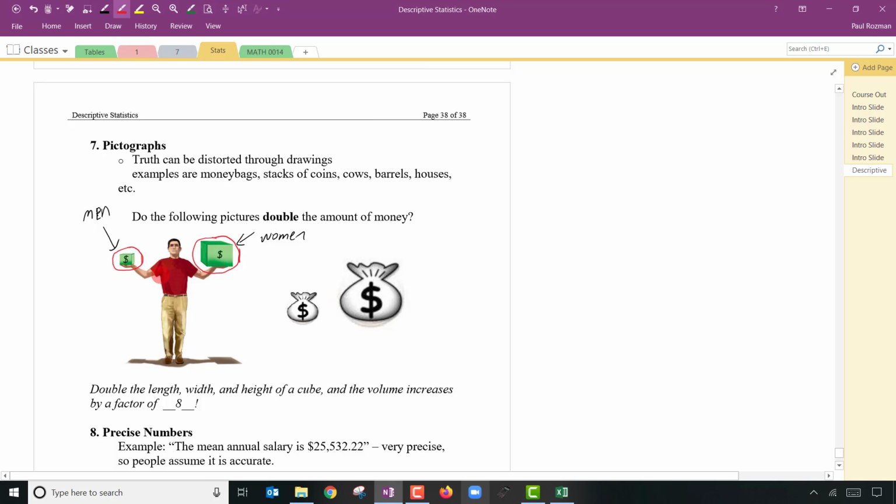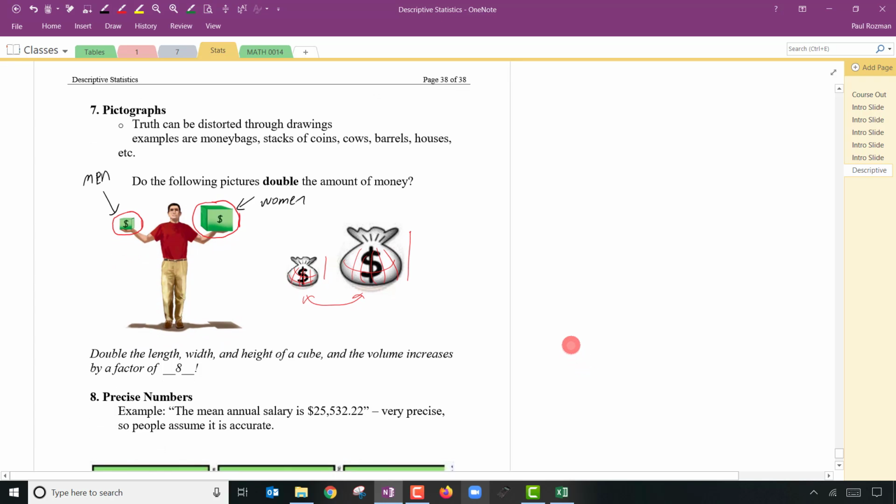So I'm not sure what the difference between men and women actually is here. Is it 8 times, or is it just meant to be double? Same with money bags: should I just be comparing height, or should I be trying to imagine what the volume of these things ends up being? So don't use pictographs.